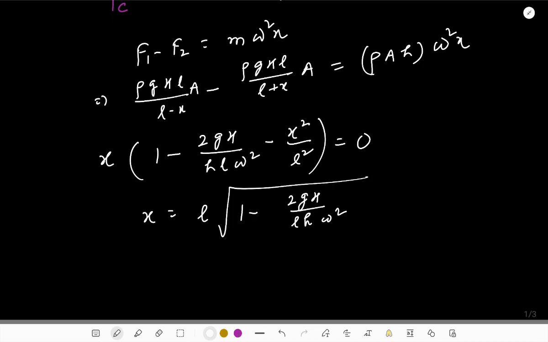So omega critical value you will get for the term under radical equal to 0, and this value you can see here, it will simply become under root 2gh by LH.